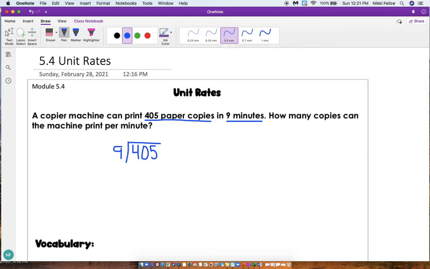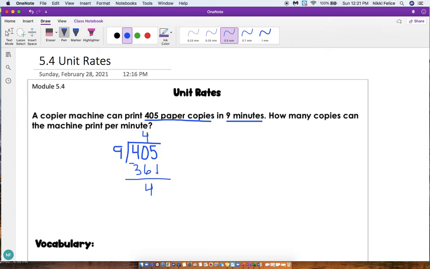So we start dividing. 9 does not go into 4, but 9 can go into 40 4 times, because 4 times 9 is 36. 40 minus 36 is 4.